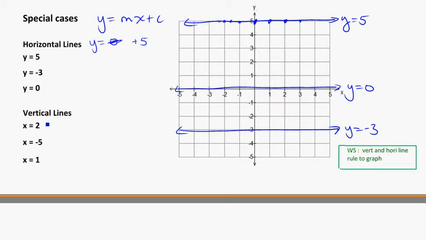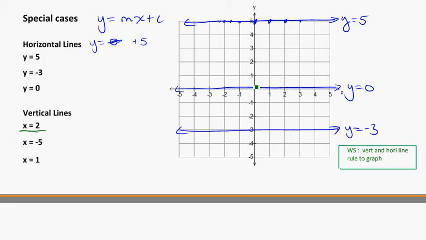Vertical lines, the format is written out differently, in the sense that here you'll notice instead of y equals blah blah blah like we've had for the last two cases, it's now saying x is equal to something. And it's similar to horizontal lines in the sense that horizontal lines describe that y never changes, it's always the same value. The vertical lines are saying the same thing. In this case, x is equal to 2, and it never changes.